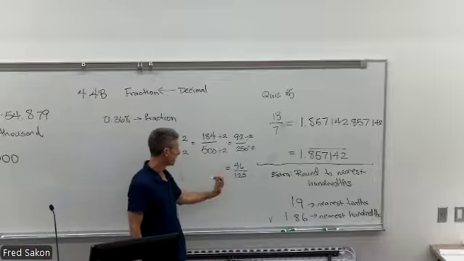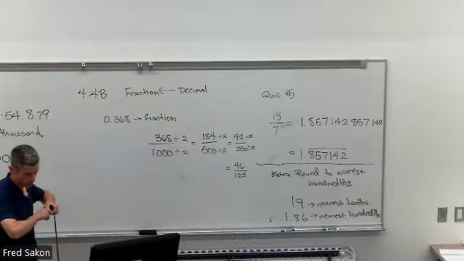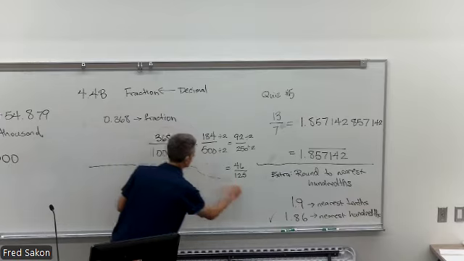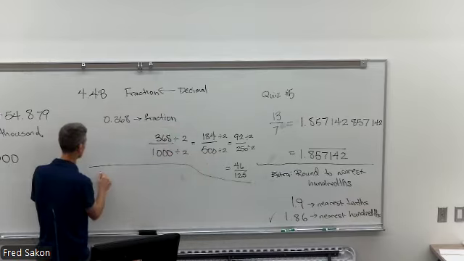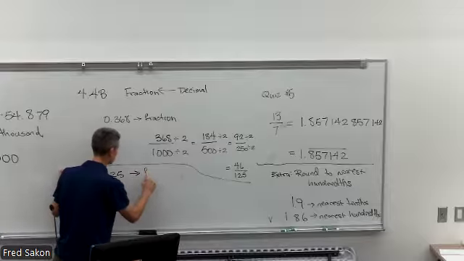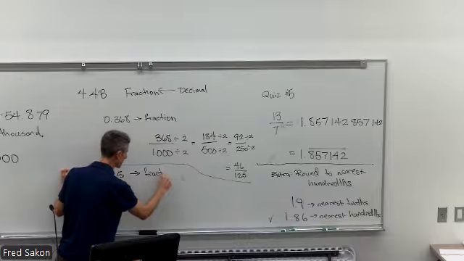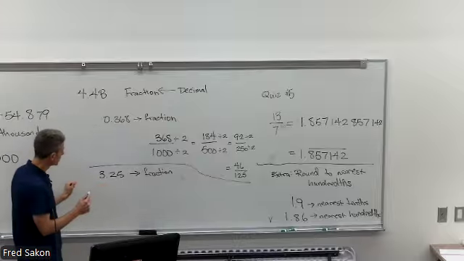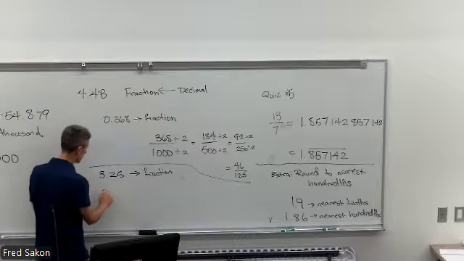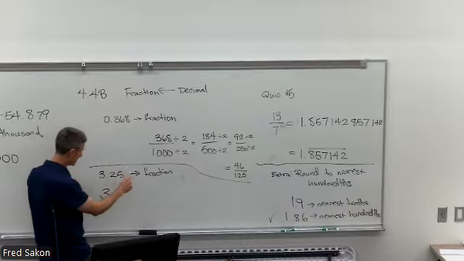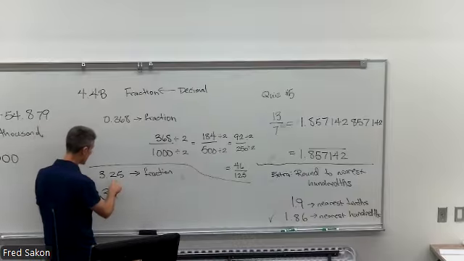Let's find another one. 3.25 there on the front page. Convert 3.25 to fraction form. We got a whole number though. So the way we would handle this is we would keep that whole number out to the side and then operate with the fraction.